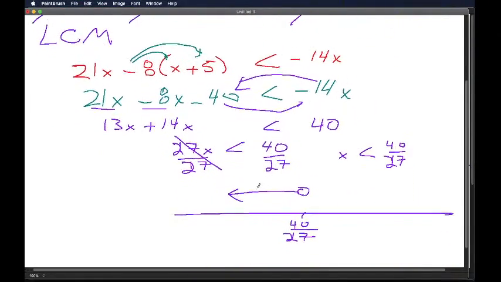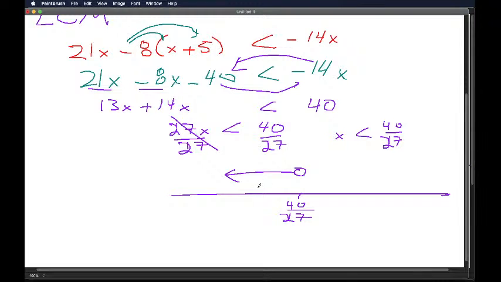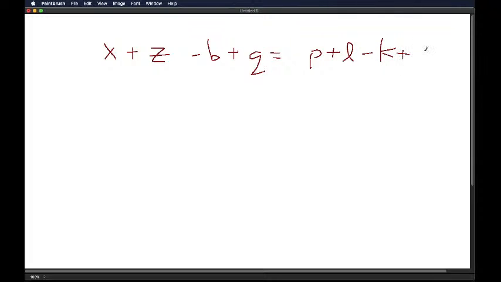If I give you the most extreme example, it would be something like this. Watch. Let's just give you a case. This is for everybody's knowledge in the future. If you have x plus z minus b plus q is equal to p plus l minus k plus, I don't know, g.